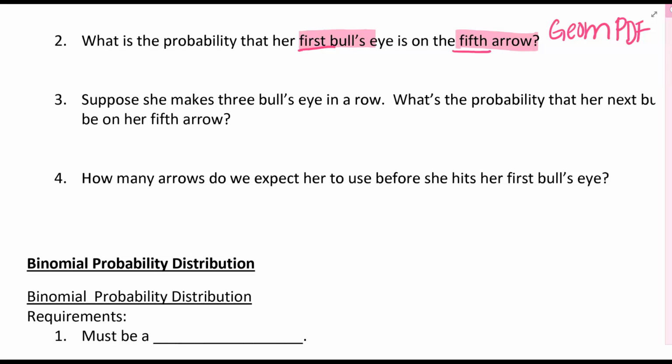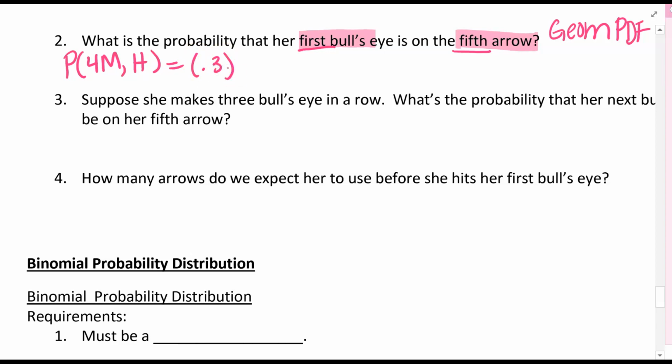So same thing. This is the probability. She's not going to make it until the 5th arrow. So what's going to happen in the first 4? She's going to miss it. So this is 4 misses and 1 hit. So what's the probability of missing? 0.3.